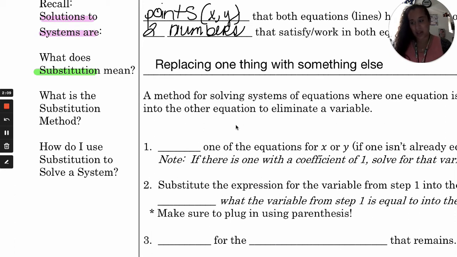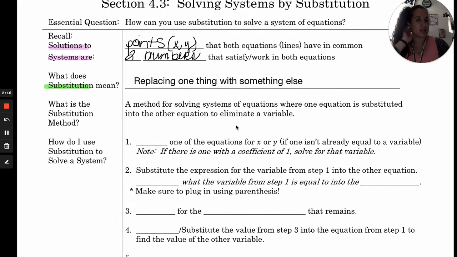So what exactly is the substitution method? It's just a method for solving systems of equations where one equation is substituted into the other to eliminate a variable. So how do you use the substitution method to solve a system?